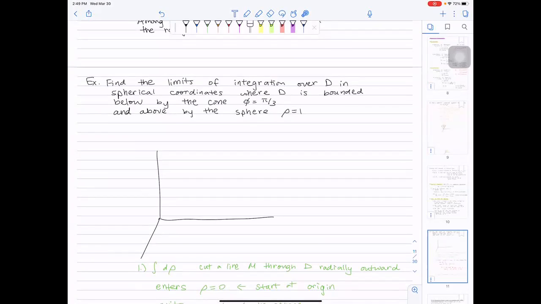Yes. A question: the top half of the sphere is supposed to be in the positive axis? Yeah, I didn't draw it that accurately. Sorry, I was focusing on this part, so I didn't make it bigger.